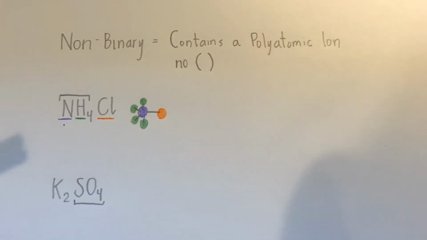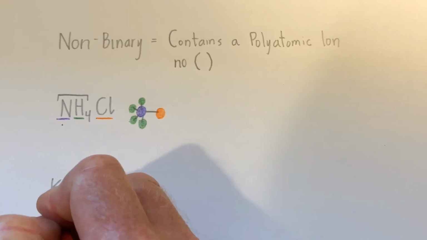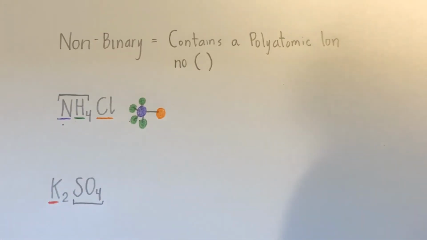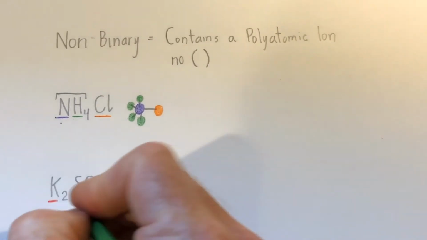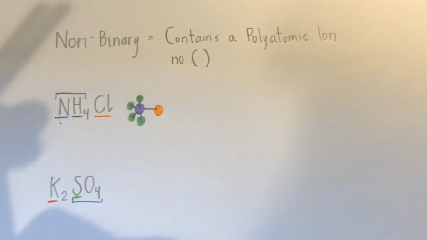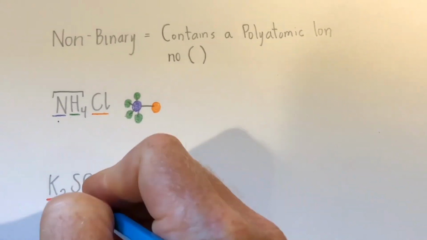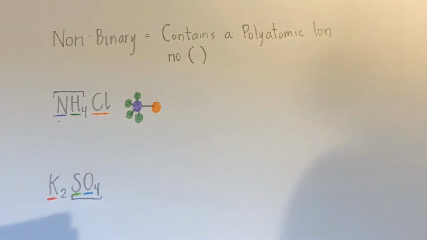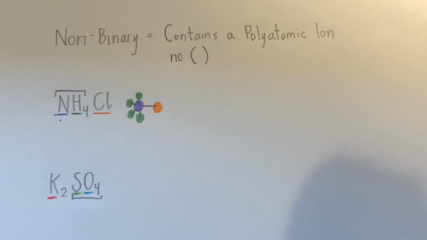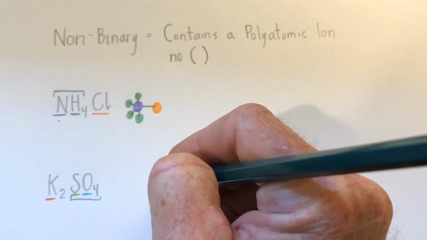For potassium sulfate, I'm going to use red for the potassium, green for the sulfur, and blue for the oxygen. Again, I'm going to start by building the polyatomic ion, which has a sulfur connected to 4 oxygens.